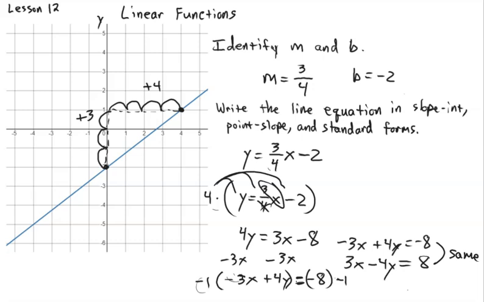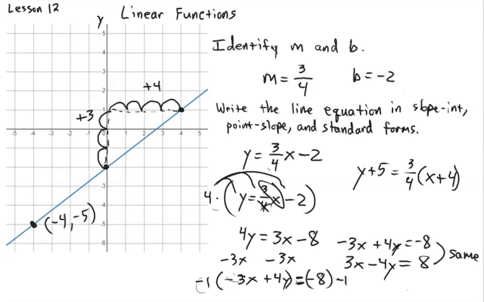Lastly, what we're going to do is point-slope form. So let's find a point on the line that we can use. What if we go down here? Here's a point right here. This is the point negative 4, negative 5. And so we're going to do y plus 5 equals the slope, which is 3/4, times x plus 4.